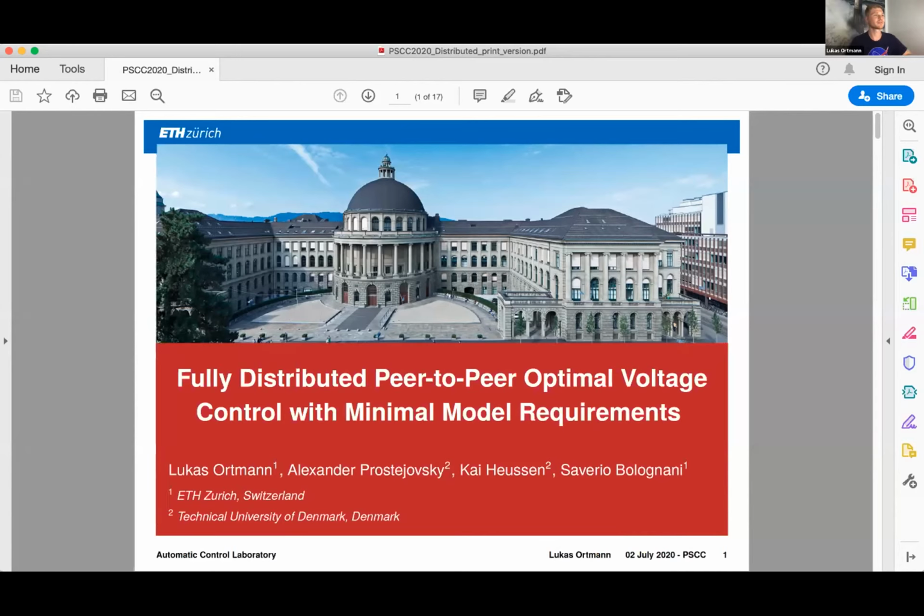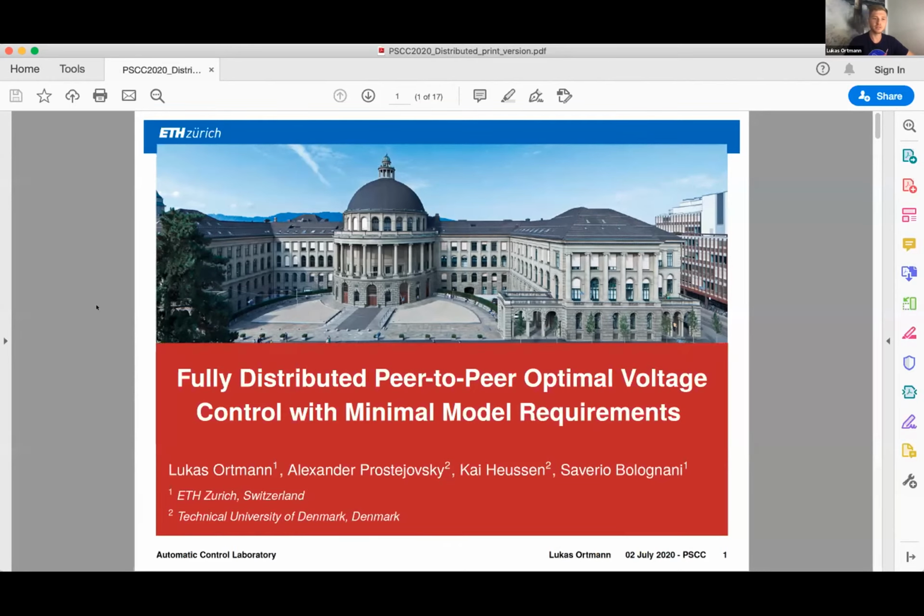The first one is from Adonis again, and he's asking, can you comment on the dynamic and steady state stability guarantee of this approach? Let's first talk about the steady state guarantees. With this optimization algorithm that we're running in closed loop on the system, we can guarantee that we're converging to the optimal solution of the problem that we defined.